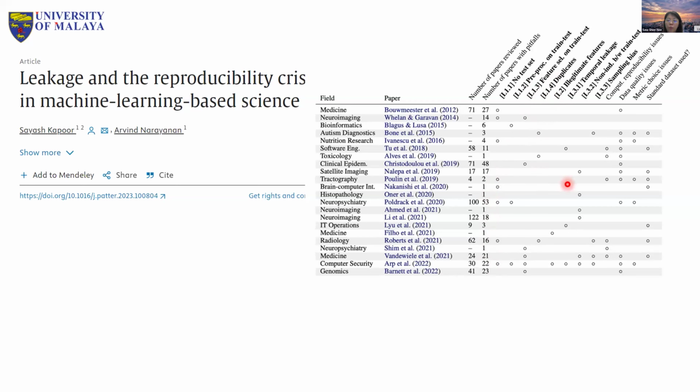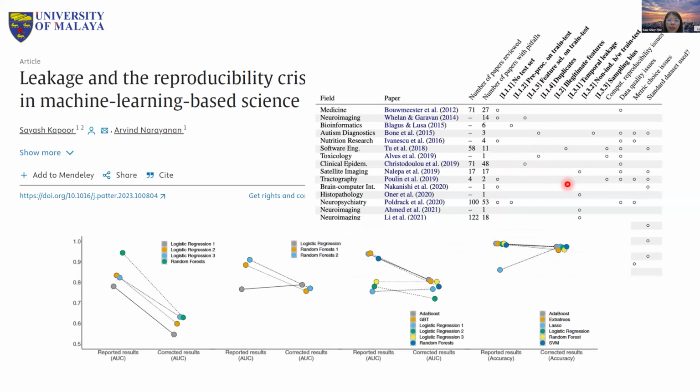So different problems exist in journal papers. After they fixed these and corrected the results, solving all the pitfalls, the prediction accuracy or performance drops. You can see that the majority show a downward trend.